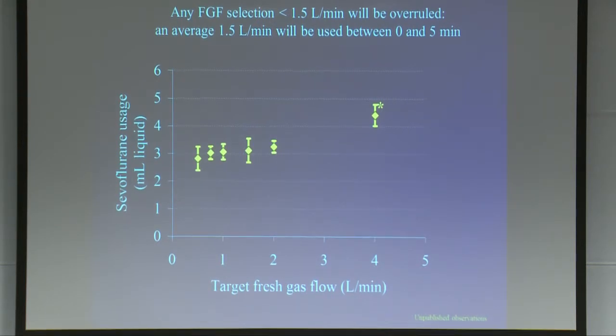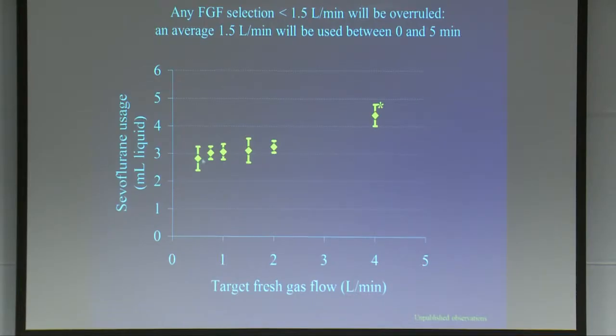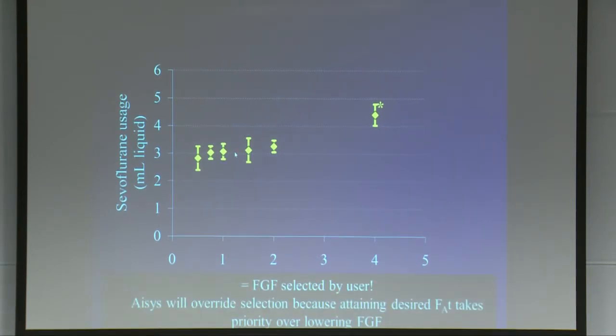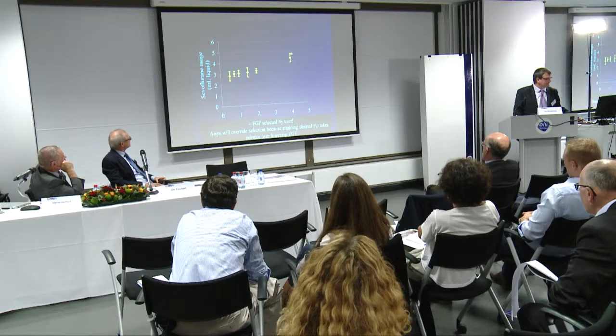It will tell you, I'm first going to take care of the end tidal concentration, and then I'll take care of the fresh gas flow you're asking. And the average fresh gas flow that the Aisys is using in this particular setting during the first 5 minutes is 1.5 liters, because the amount of sevoflurane used is the same regardless of the fresh gas flow you selected. So that's the same thing here. Fresh gas flow is selected by the user, but the Aisys will say, I'm going to first get you the end tidal, and then I'll lower the fresh gas flow.